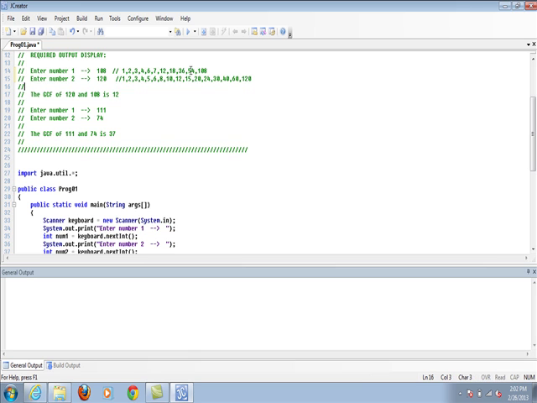So for this one, I'm looking for which numbers are the highest ones. I've got 1, common to both of them, 2, 3, 4, 6, I've got 12 right there, and I'm looking for the one that's common between the two of them. For this one, the greatest common factor that goes into 108 and 120 is going to be 12.